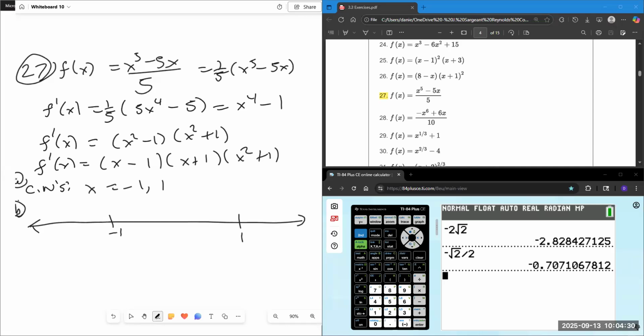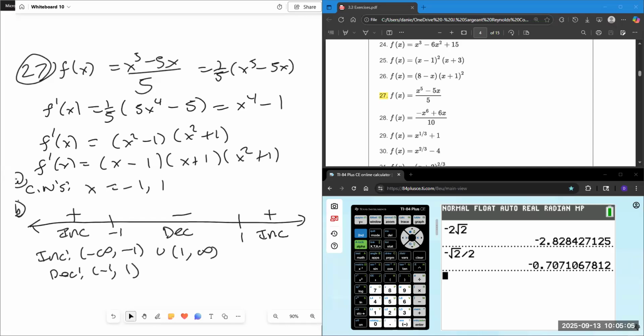And so we have this factor will always give us something positive. So negative times negative is positive, times positive is positive, and this will be increasing. Negative times positive is negative, times positive will stay negative, and that will be decreasing. And then positive times positive times positive will be positive and increasing. So we're increasing on -infinity to -1, union 1 to infinity, and decreasing from -1 to 1.